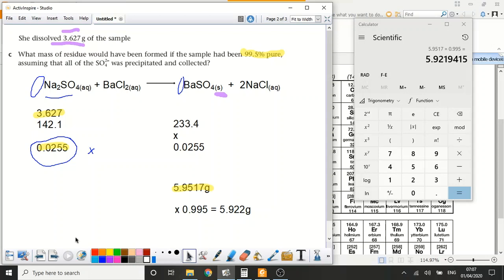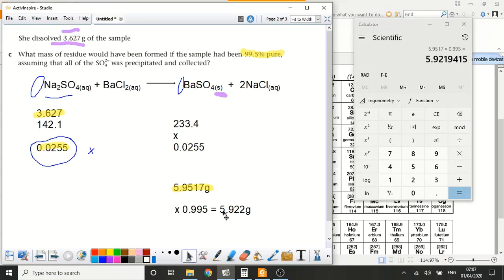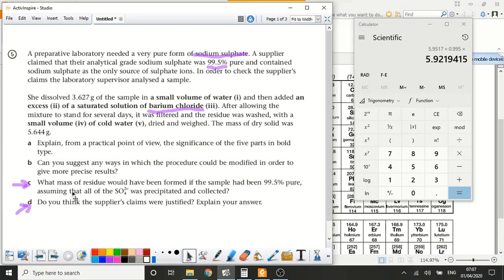So, do you think the supplier's claims are justified? No, they're not justified, because if it was 99.5% pure, you would have got 5.922 grams. Instead, you got 5.644, so it wasn't 99.5% pure. It was actually less pure, so it was below 99.5%.